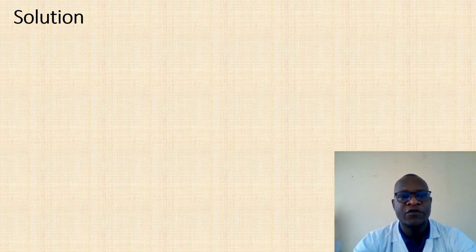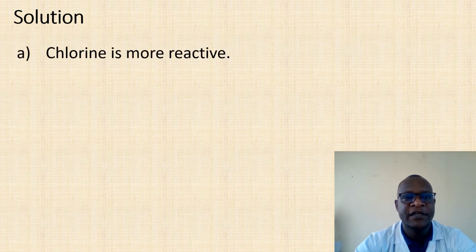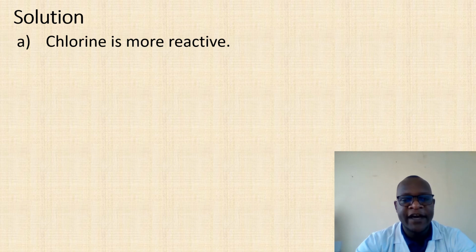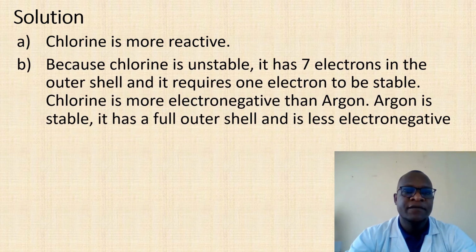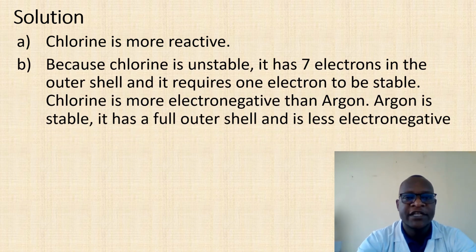Okay, let's move on to the answers to the activity. Number 1, we find that chlorine is more reactive than argon. The reason why chlorine is more reactive is that chlorine is unstable. It is unstable because it has 7 electrons in the outer shell and it requires 1 electron to be stable.